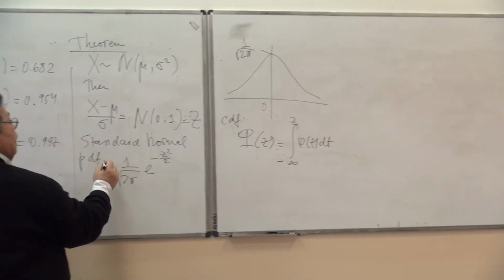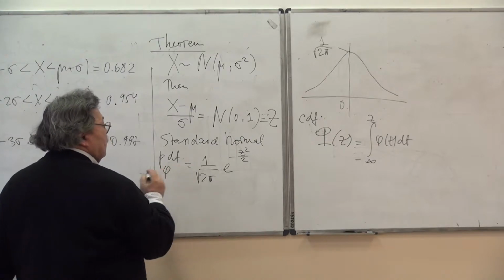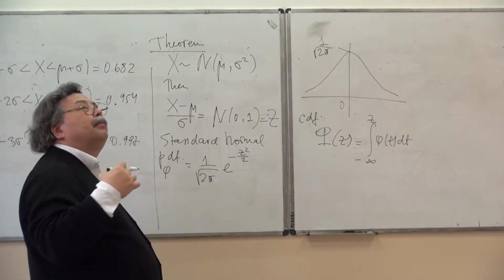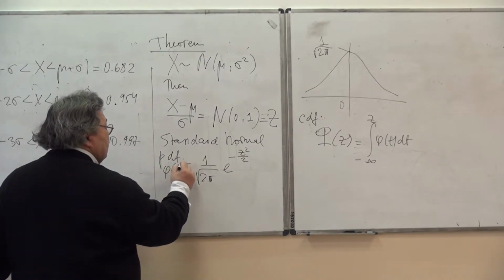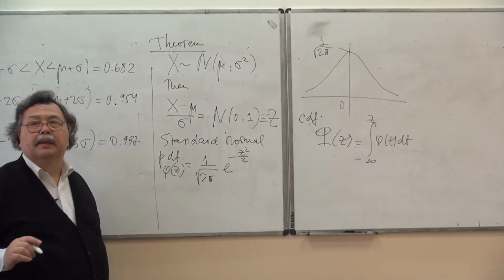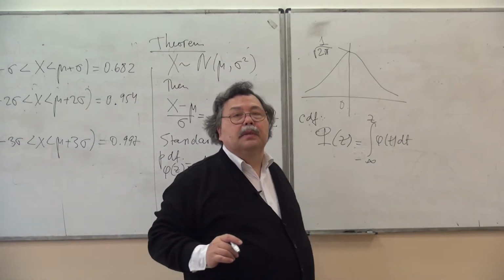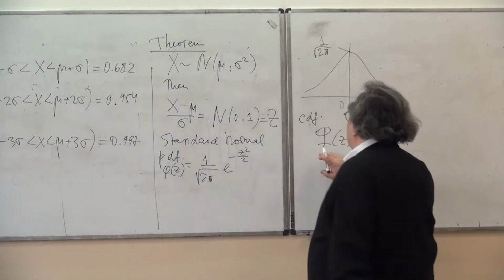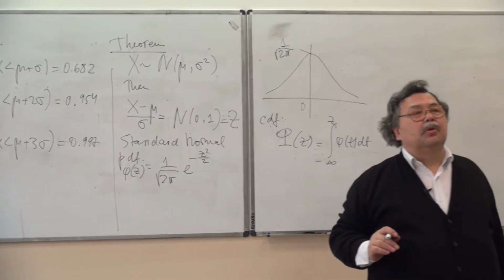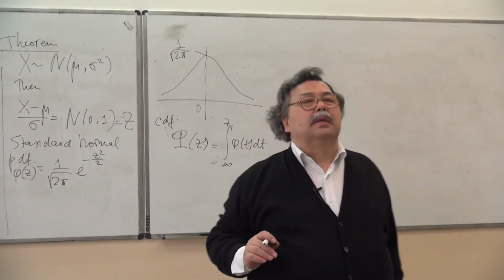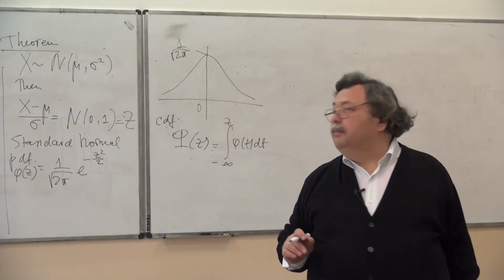I'm sorry, I didn't write any name here. The typical, accepted name for this PDF function is little phi. And accordingly, the integral, the cumulative distribution function, is called capital Phi. Well, I'm not sure these names are universally used, but they're pretty common.